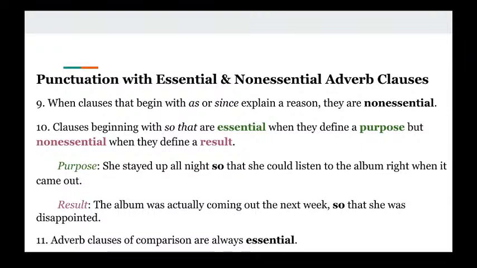Here, a purpose would be, she stayed up all night so that she could listen to the album right when it came out. So that is a purpose. A result would be, the album was actually coming out next week, so that she was disappointed. And then rule number 11, the final rule before we go on to some example sentences, adverb clauses of comparison are always, always, always essential.